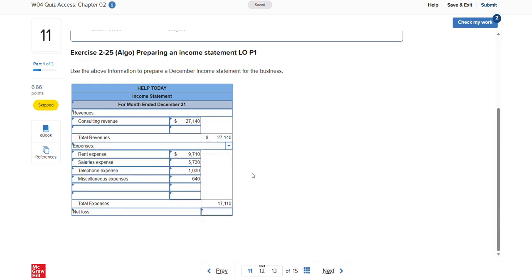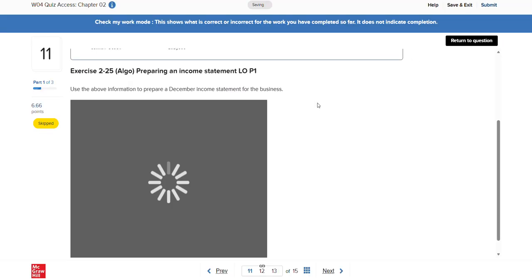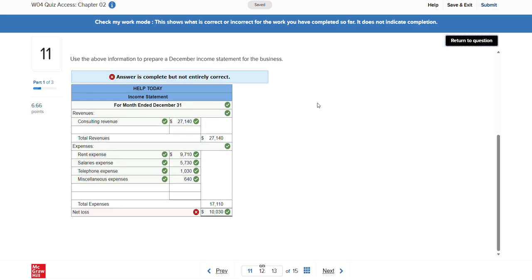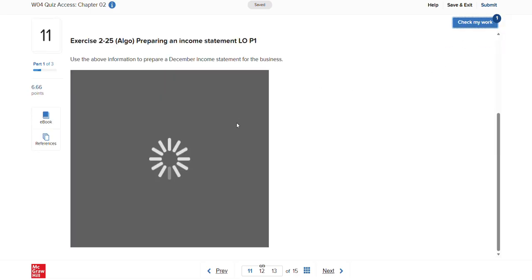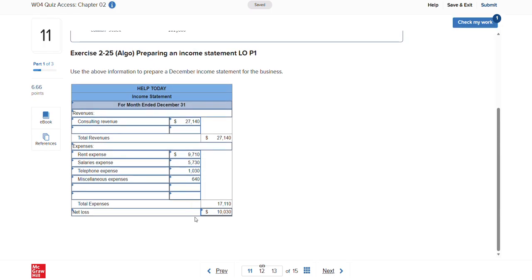That's what they are. It covers revenues and expenses. So the difference between that is 10,030. I meant to put net income. Sorry about that. Net income. But that is correct.